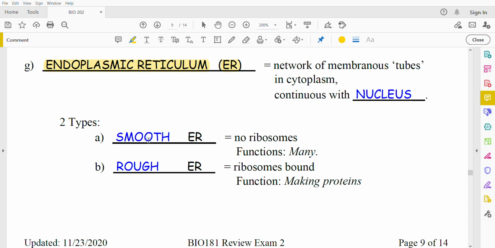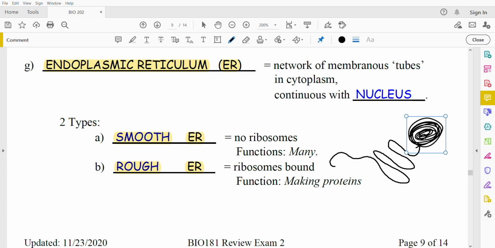And there were two kinds of endoplasmic reticulum, smooth and rough ER. And if I just again draw a very, very simple demonstration, if this is our nucleus, and from there we had this ER coming out, it's this structure of various different membranes that are connected.